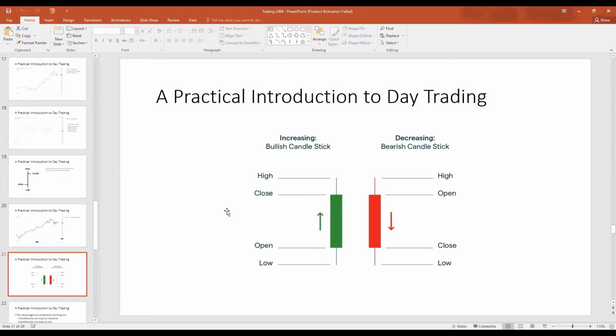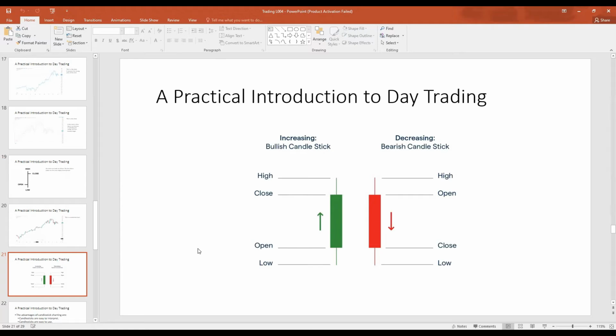The candles display the same information as the bars. In this candle, this was the highest price, this was the lowest price, this was the open price, this was the closing price. We see here the body is green. This suggests the price of the asset closed at a higher price than the opening price.